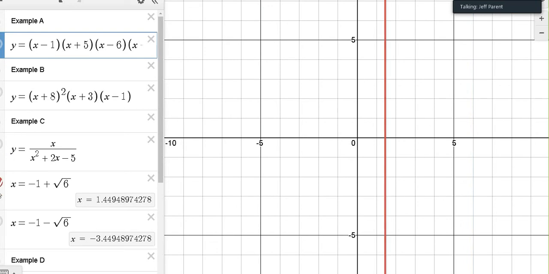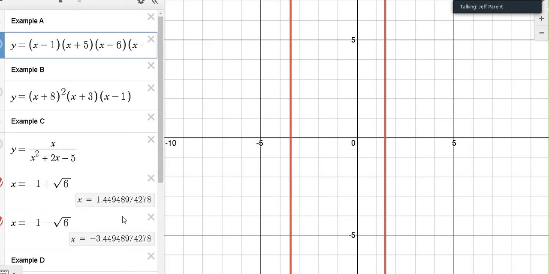So here are your values. One is about -3.45. The other one's positive 1.45, approximately.